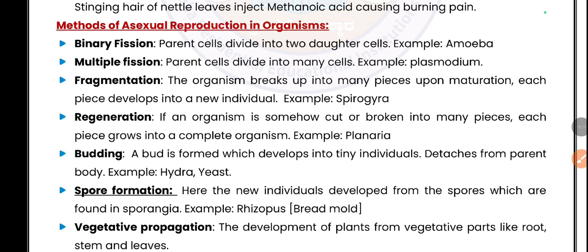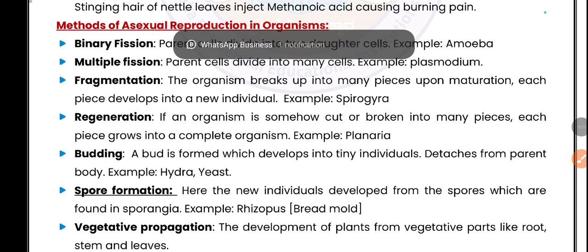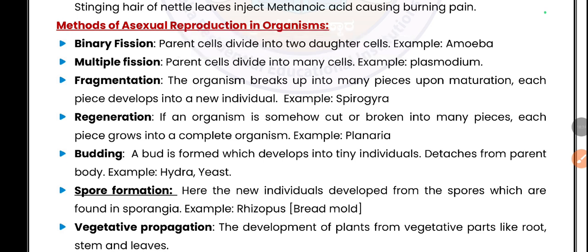Methods of asexual reproduction in organisms. Binary fission: parent cells divide into two daughter cells. Example, amoeba. Multiple fission: parent cells divide into many cells. Example, plasmodium. Then fragmentation: the organism breaks up into many pieces upon maturation.